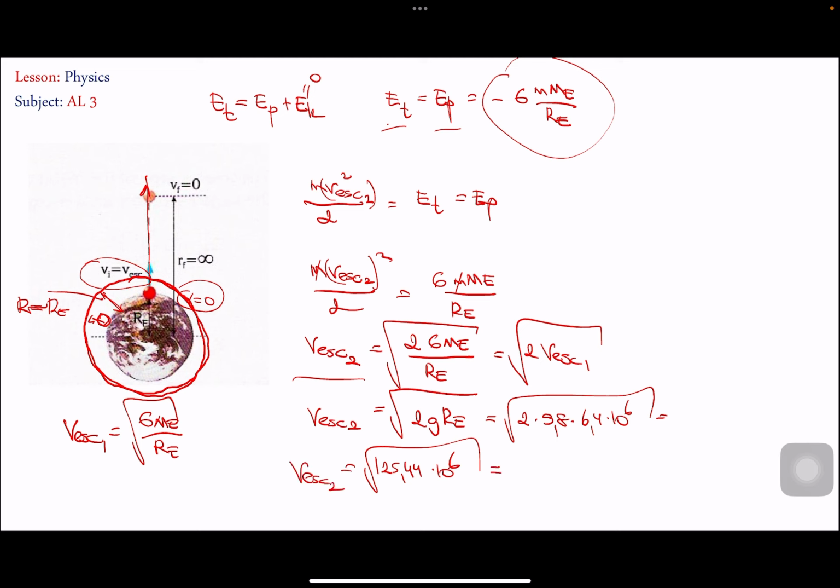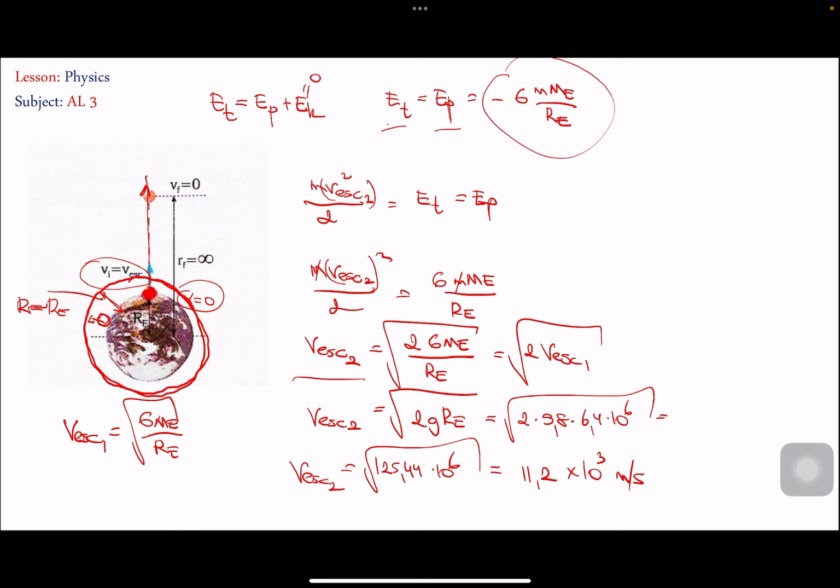If I take the root, I'll have 10 to the power 3, of course. I will deal with the powers, so the power will be divided by 2. 125.44 in root will give me 11.2, so that is 11,200 meters per second. If you give this to any object placed on the surface of Earth, it will escape to infinity.